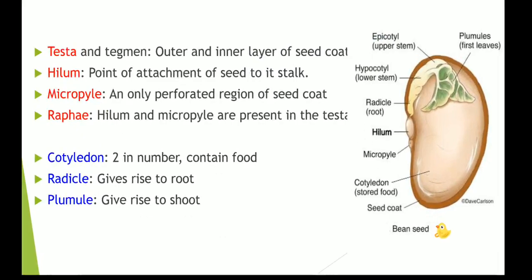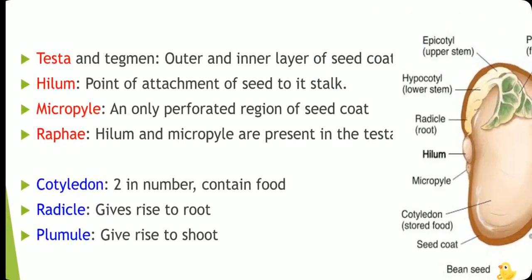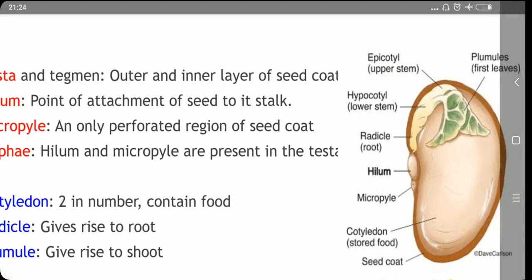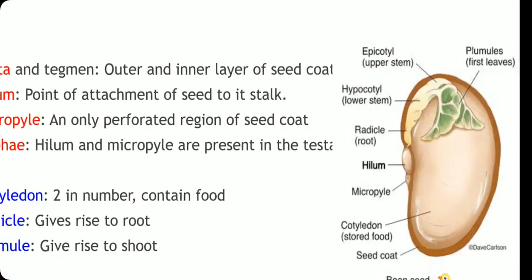So testa. Testa and tegmen are what? These are the outermost layers, or we can say the seed coats. So they are two layers. If you remember, the mature ovule has integuments. These integuments develop into testa and tegmen. Out of these two, which is the outermost? Testa is the outermost and toughest layer, which does not allow entry of bacteria or any infection.